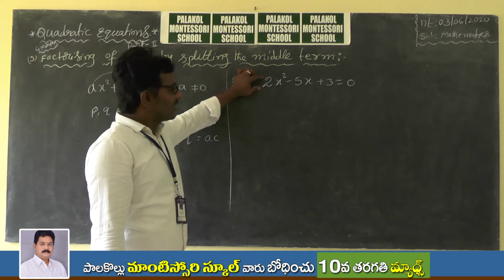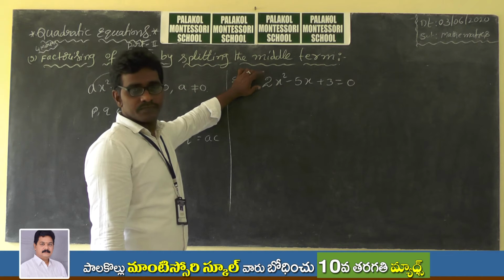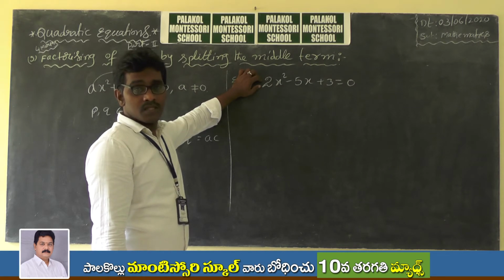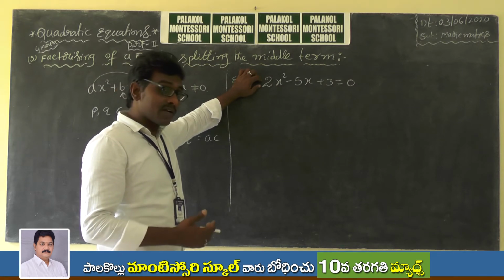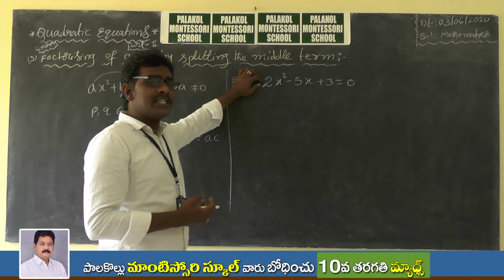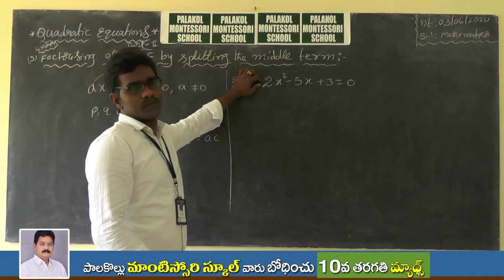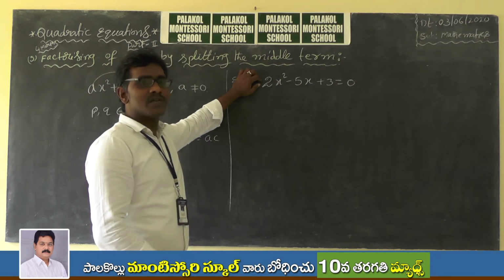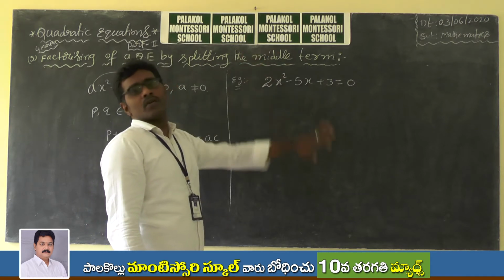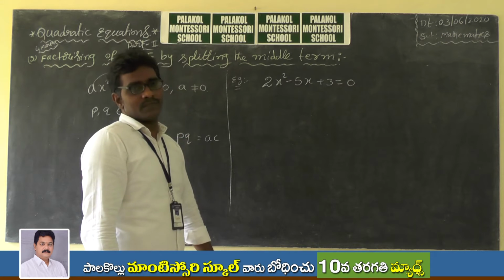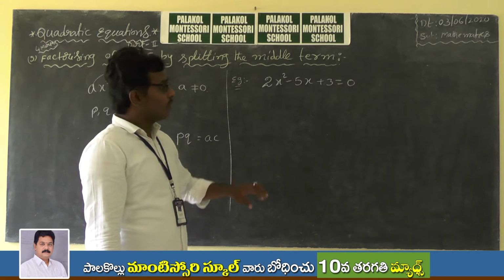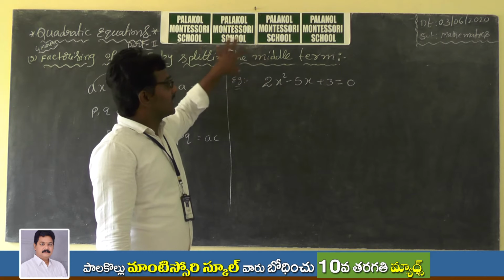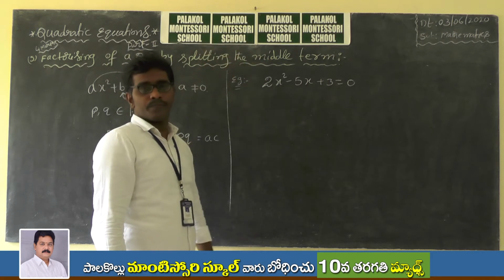You find out the factors of this one. When you find out the factors, it is easy to find the x values, and those x values are the solutions of this given quadratic equation. Okay guys? So here you apply splitting the middle term.